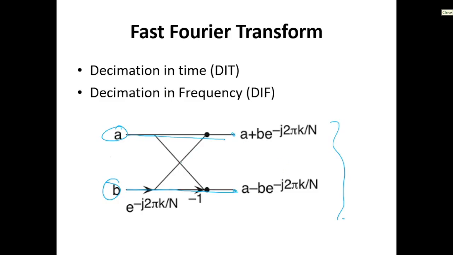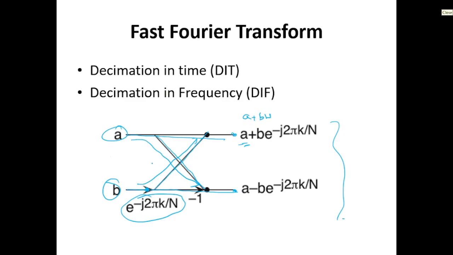Then we have one value from this point to this point, and another value from this point to that point. So A travels from here to this node, and B travels from this node to that node. At the first node we have A, then B comes here, but before coming here it is multiplied with the twiddle factor. So we get A plus B times the twiddle factor.